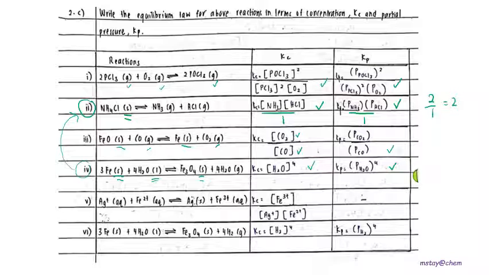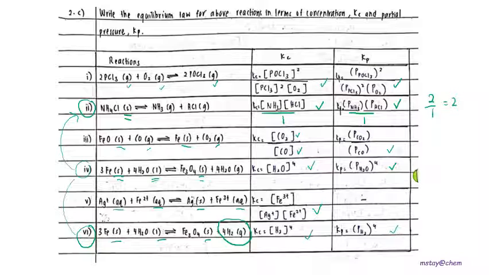For the second last one, we have aqueous and solid, but aqueous also will not exist in the Kp expression. So there is no Kp expression in this case, only the Kc expression. Question number 6 is also similar to question number 4 and 2, which consist of solid and also liquid. So only hydrogen gas appears in the Kc and Kp expressions.